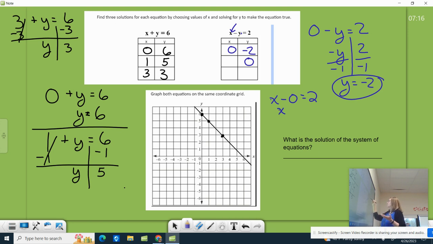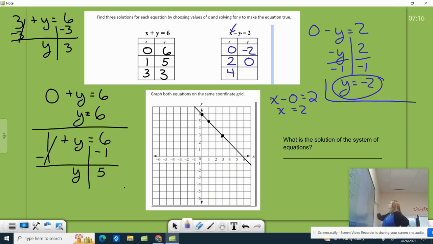Well, anything minus 0 is just itself. So that's going to be 2. So I have two options. It is linear as well, so you can probably see a pattern here. Well, we see a pattern, so might as well go with it and go with 4 for x.